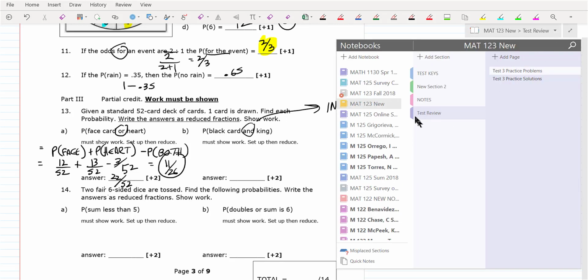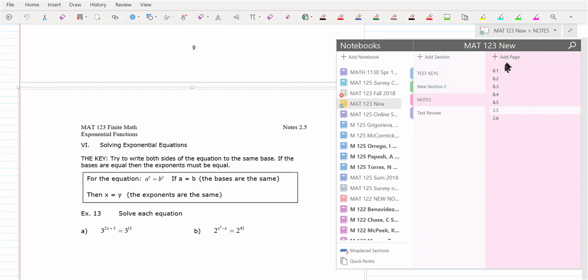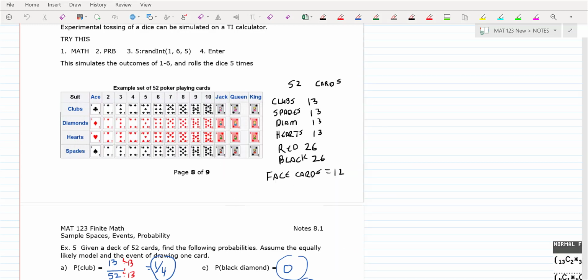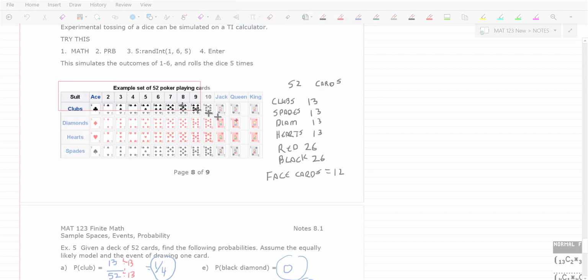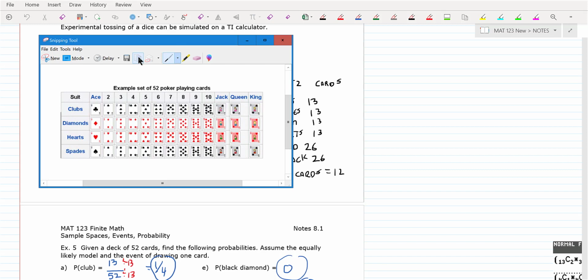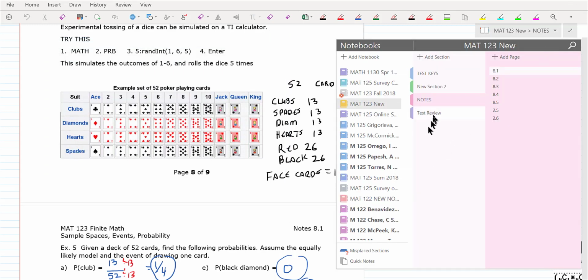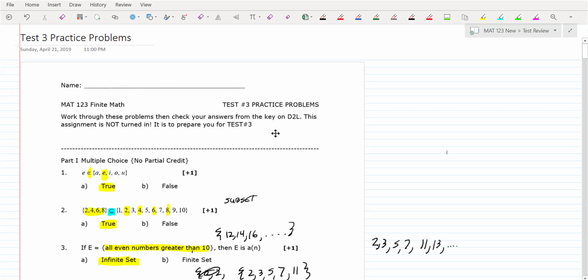Let me go back and maybe grab that picture of the cards here real quick. Because what I'll do is I'll give you a sheet with this diagram on it, and I think this will be helpful to you.